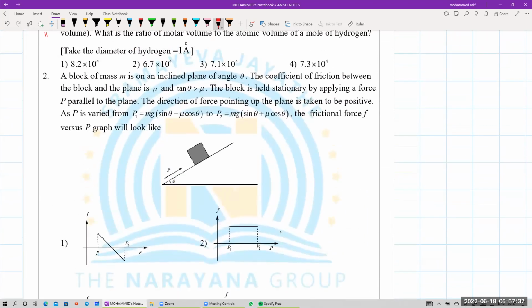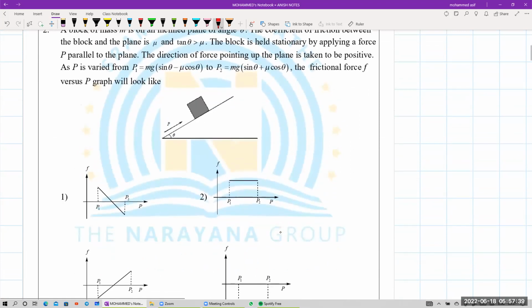Question number 2 కూడా ట్రై చేసుకోవచ్చు. ఆల్రెడీ ఎగ్జామ్ లో వచ్చిన క్వశ్చన్ సార్, PYQ క్వశ్చన్ సార్, ట్రై చేయాలి. ఓకేనా? Yes, sir.